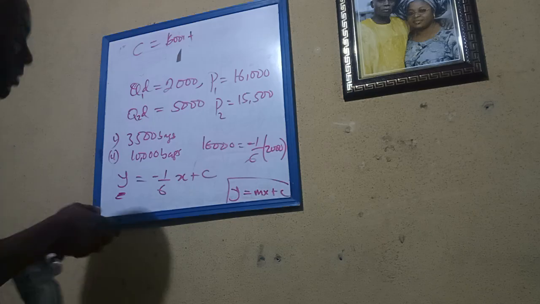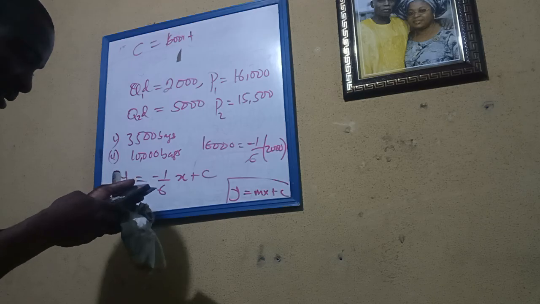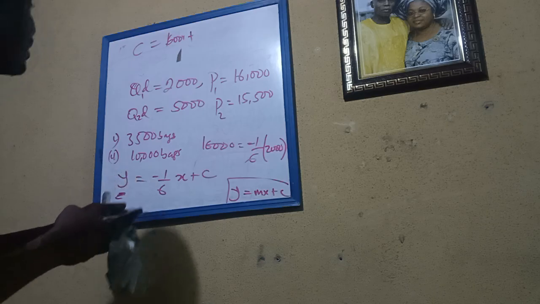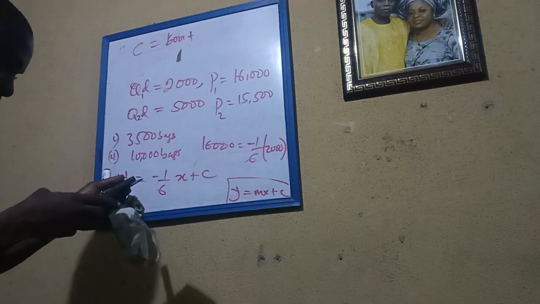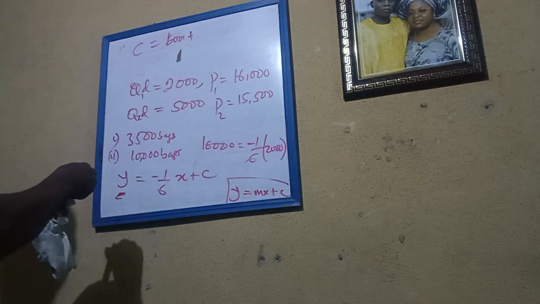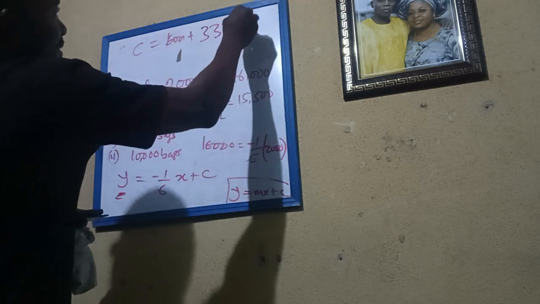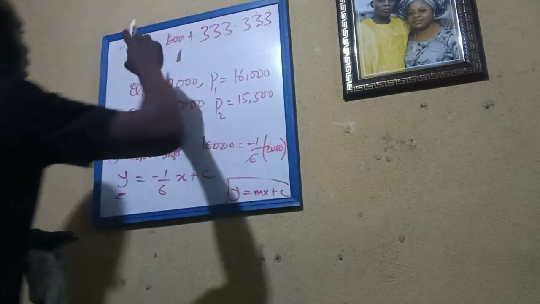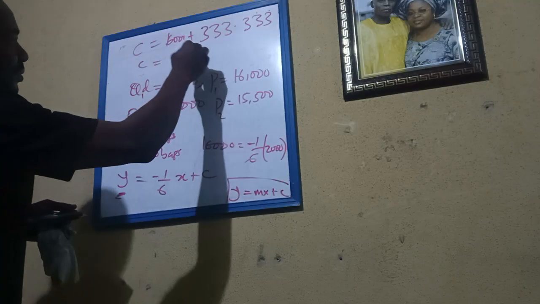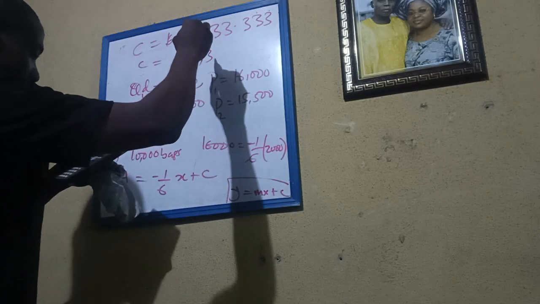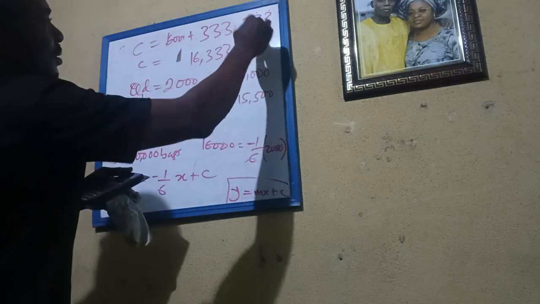So what is 2,000 divided by 6? It is actually 333.33, plus 16,000. Then we finally have our c to be equal to 16,333.33 recurring.